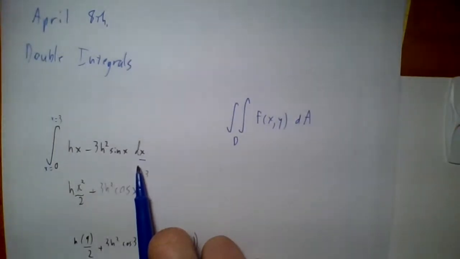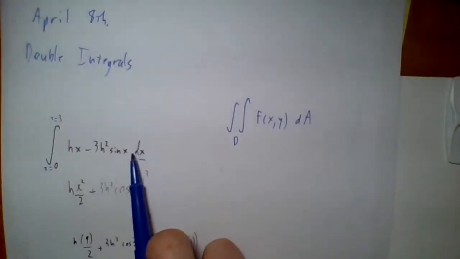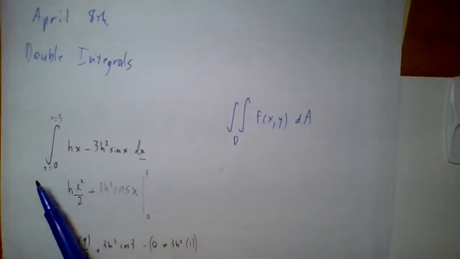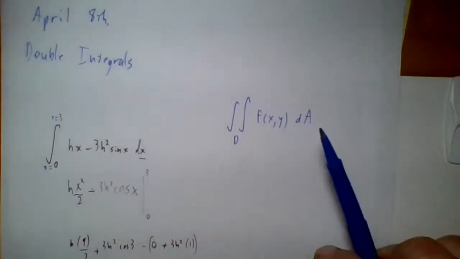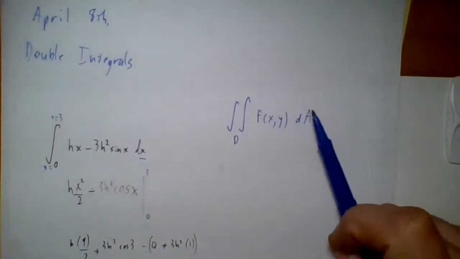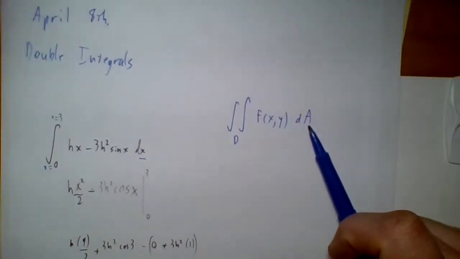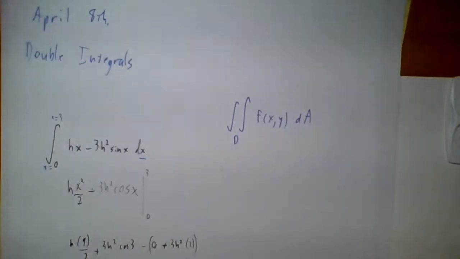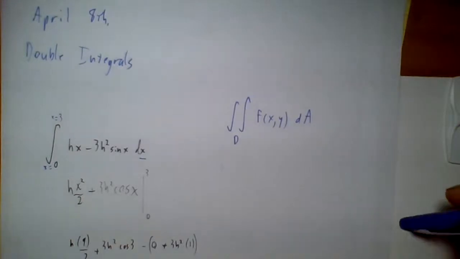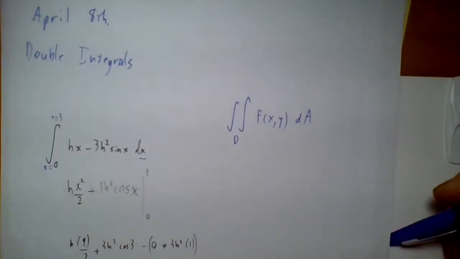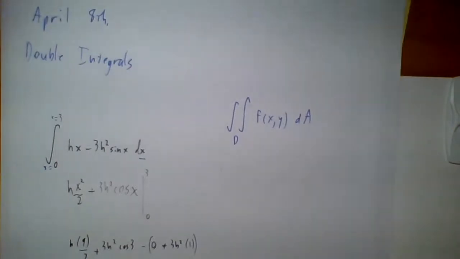Integrating with respect to x meant we sliced up the x-axis into little pieces and used x values in between there. In this setting, this is the symbol that means that we're slicing up the area into tiny little pieces of area. So you could actually go through the whole subdivision argument and look at slices of an area right there.